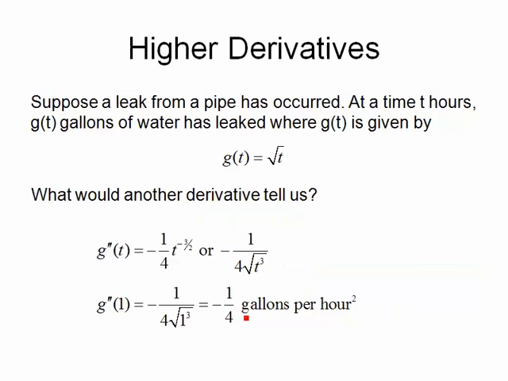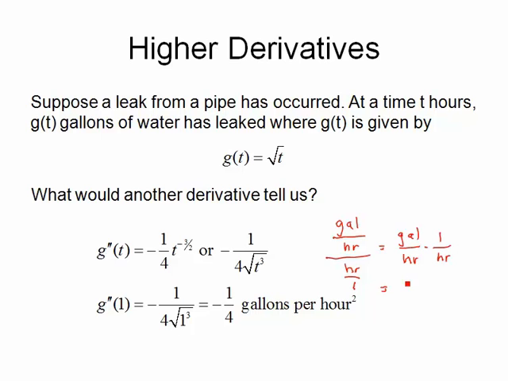Another way to write out gallons per hour is just to say gallons per hour squared. And that comes from the fact that if we take gallons per hour and divide it by hours, that's the same as taking gallons per hour and multiplying it by the reciprocal of hours, or 1/hours.